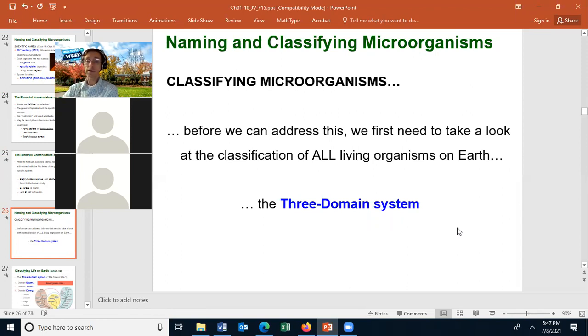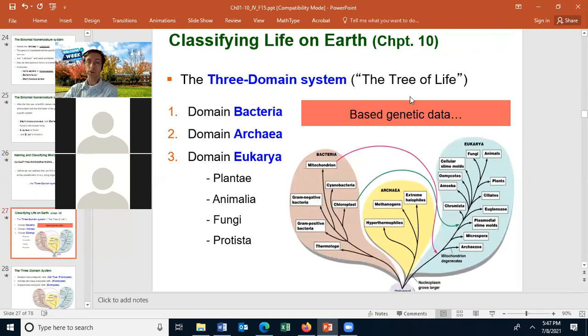Generally, the first classification system of all living organisms is the three-domain system. So we classify all living things into one of three domains. So all living organisms can be classified as a bacteria, an archaea, or a eukarya.